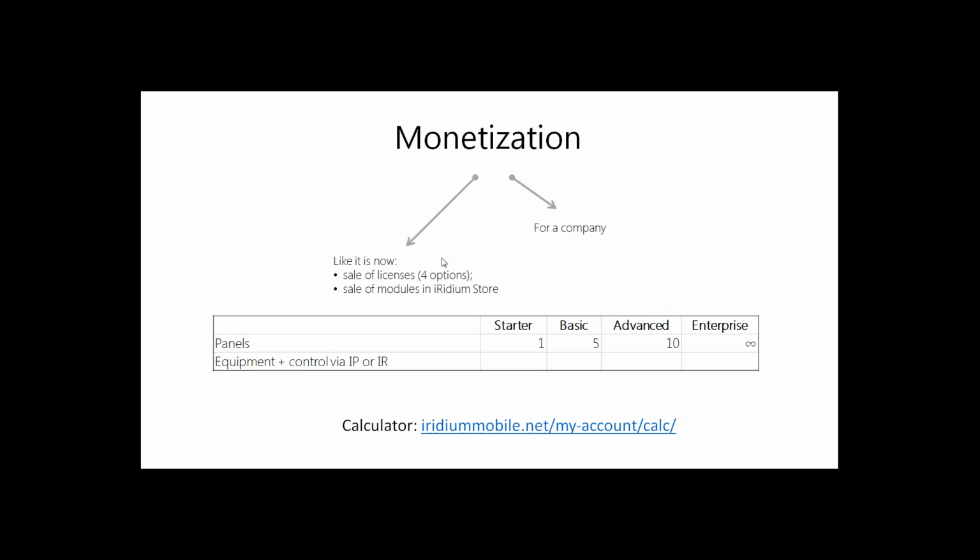Modules will have the same pricing structure. So let's say a module for, I don't know, a weather widget, or for some AV receiver, or for Samsung Smart TV, will have 4 different prices, which will be defined by you.